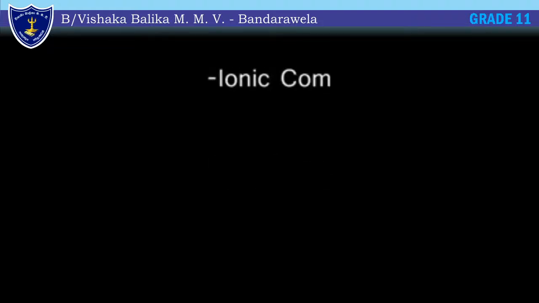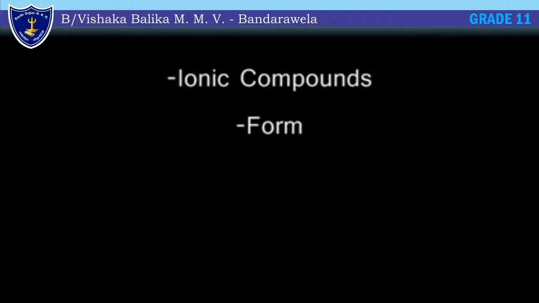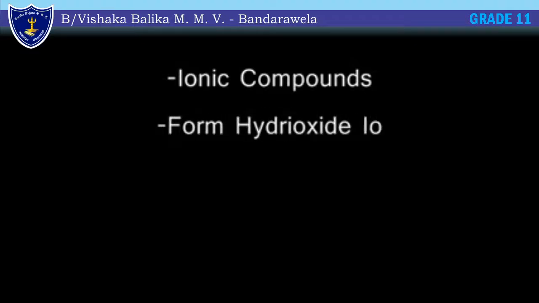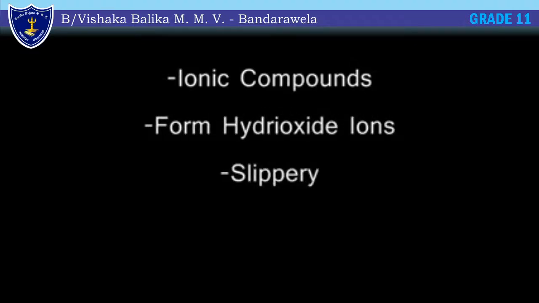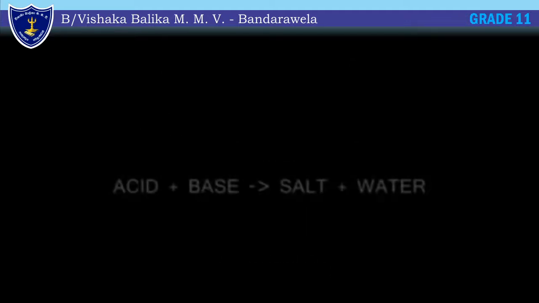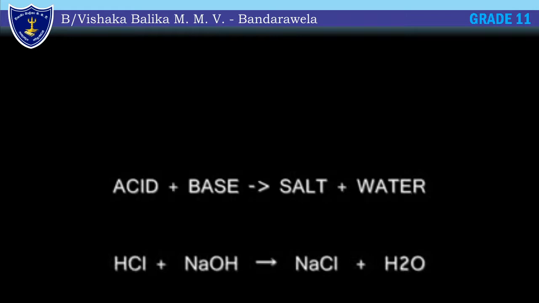Then the bases. Bases are also ionic compounds, form hydroxide ions, are slippery, bitter in taste, and may be corrosive. Acids plus bases make salts and water. That reaction will be discussed later.